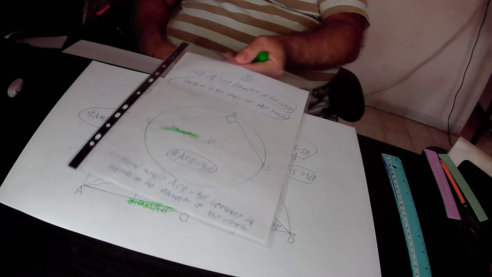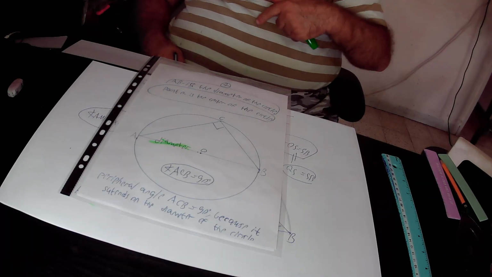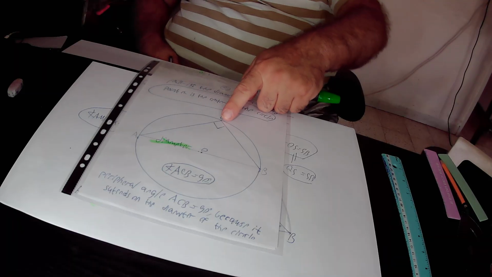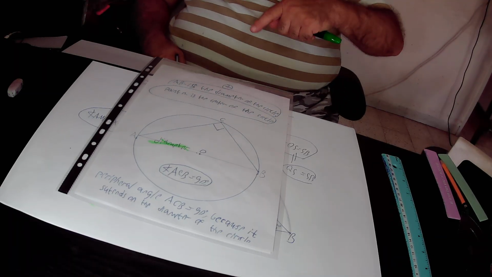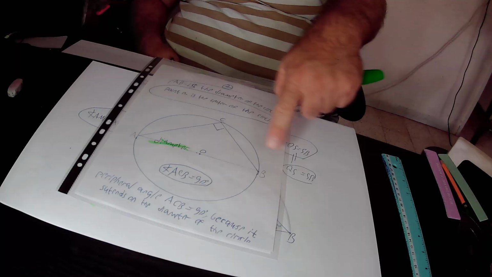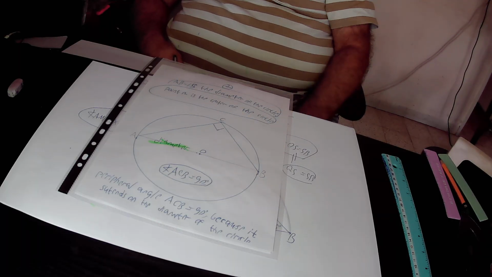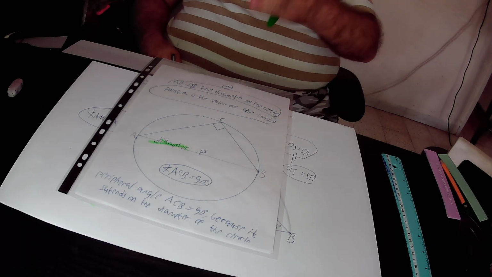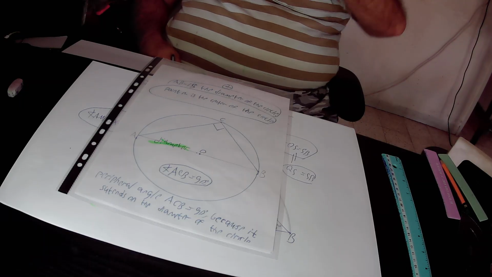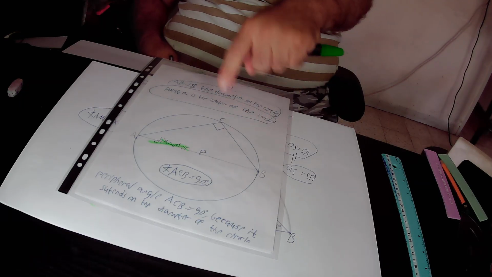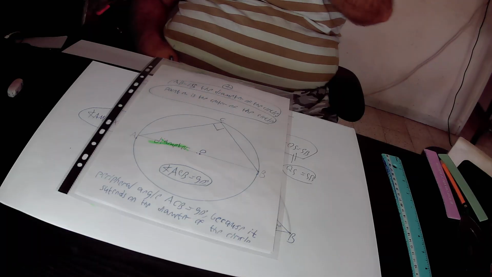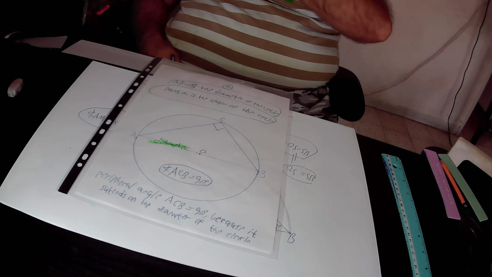So, in the drawing, we have a circle. This is peripheral angle ACB that subtends chord AB, which is the diameter of this circle. According to rule 7, peripheral angle ACB must be equal to 90 degrees in size because it subtends the diameter of the circle.